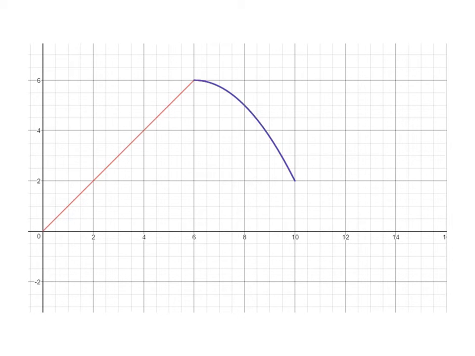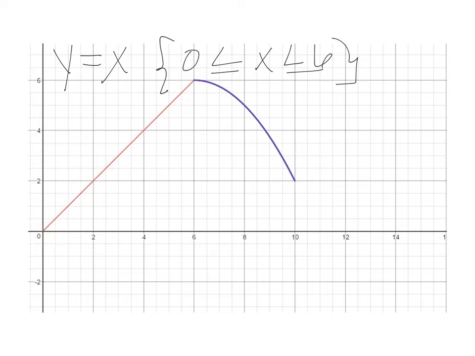The neat thing about Desmos is you can put the function like y equals x, but then you can put the little curly brackets and basically put in a domain. So I said I wanted my linear function to go from 0 to 6, and then I brought in this parabola. The parabola function I actually ended up landing on was negative 1/4 (x minus 6) squared plus 6.